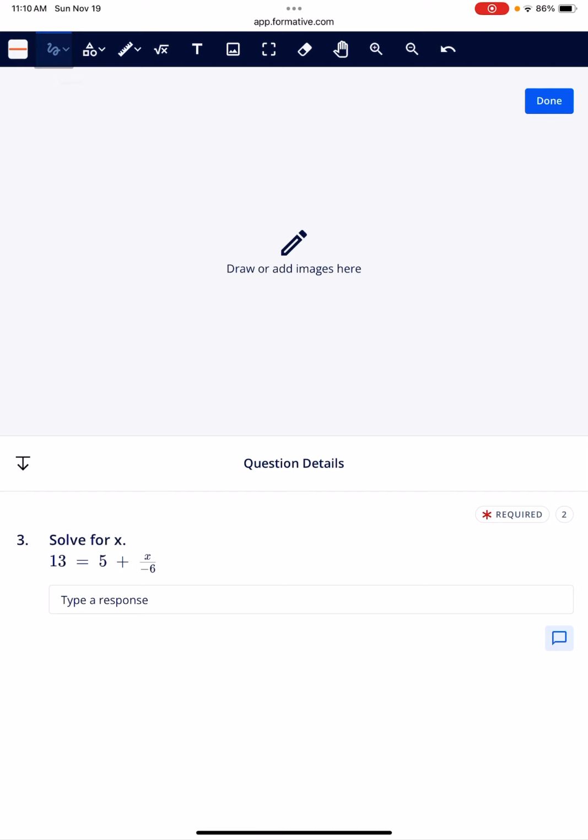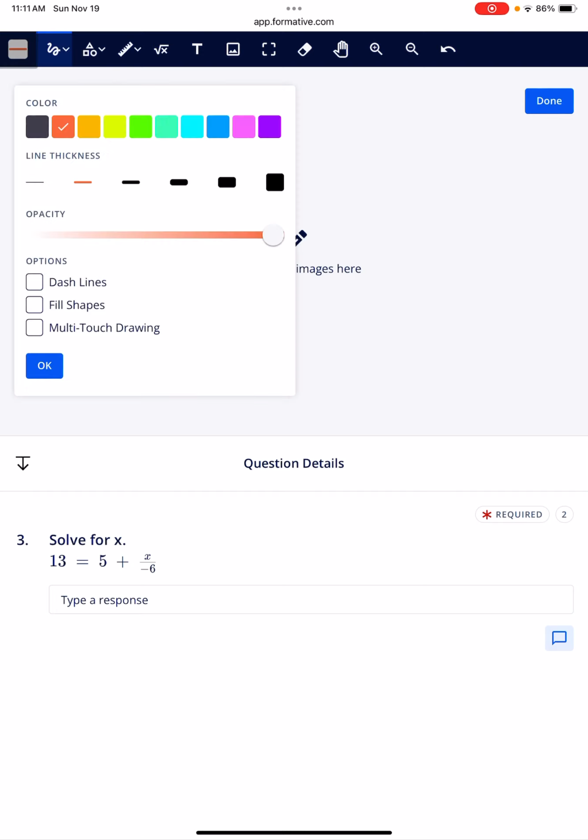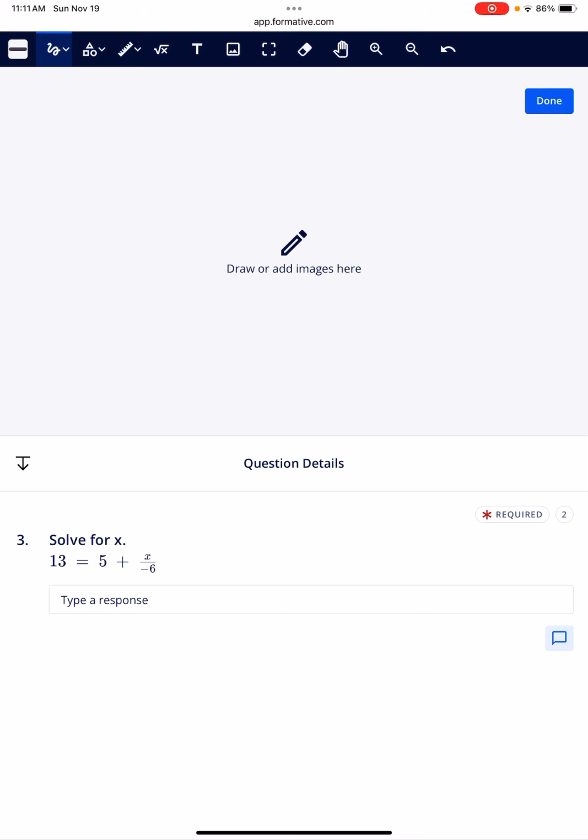This time, again, I'm going to write down the problem and you're going to try your own to see if you can solve it on your own.